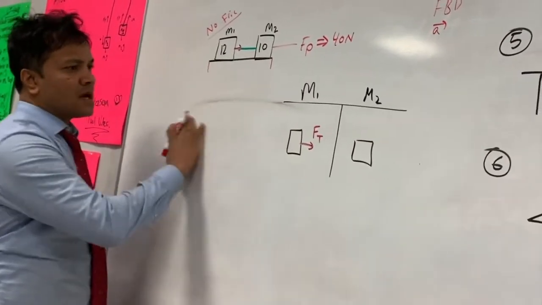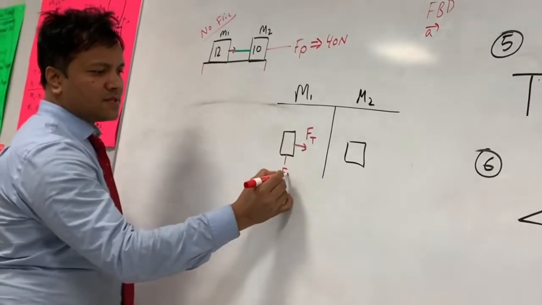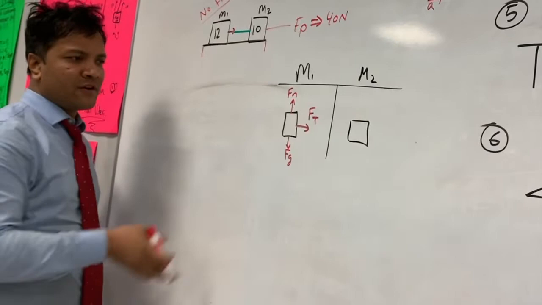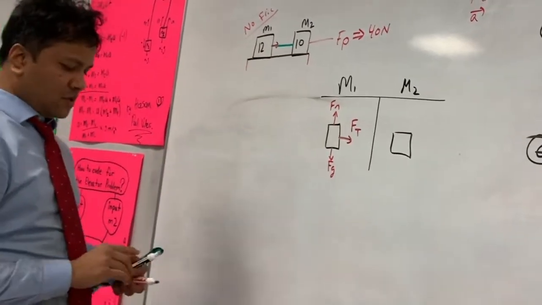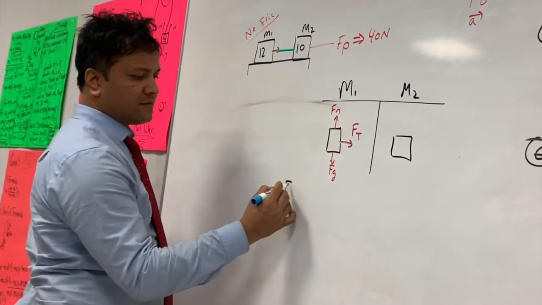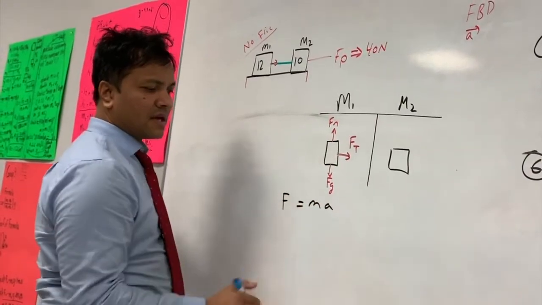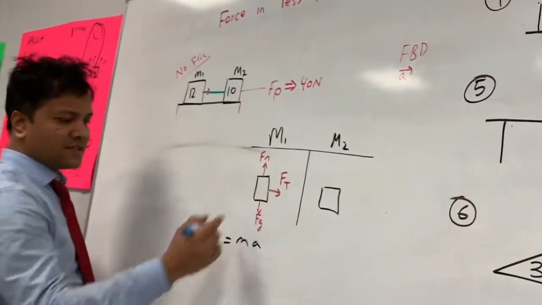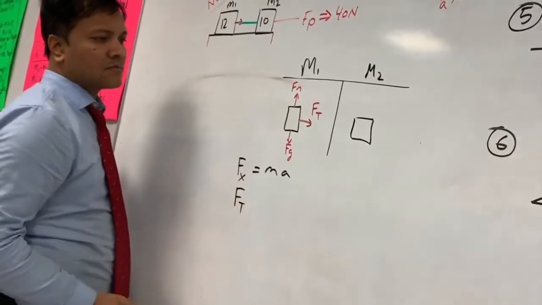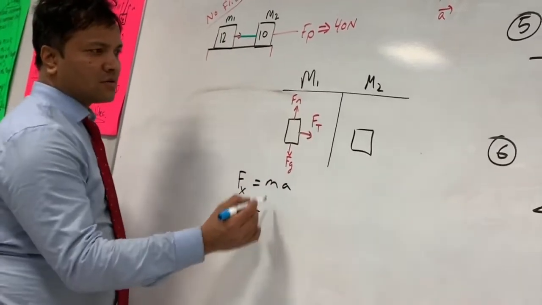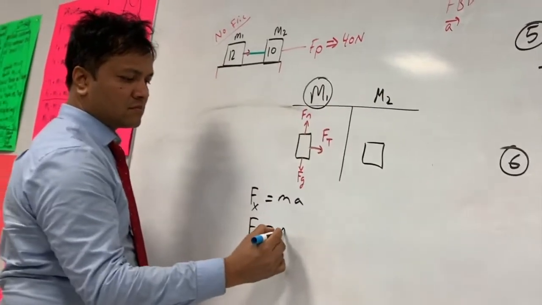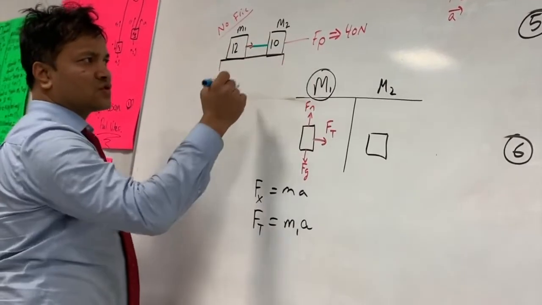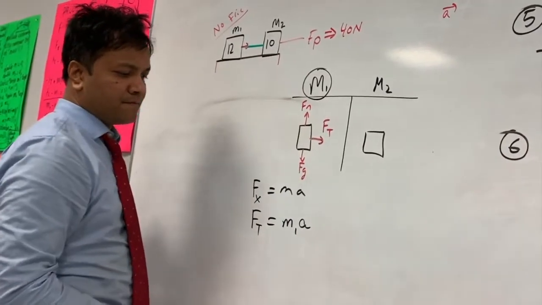I can write this one Fg and this one Fn, but there is no acceleration in the y direction. Now I'm going to write F equal to ma in the x direction. Ft is equal to m1a. It's acceleration to the east, so I'm going to have positive a.